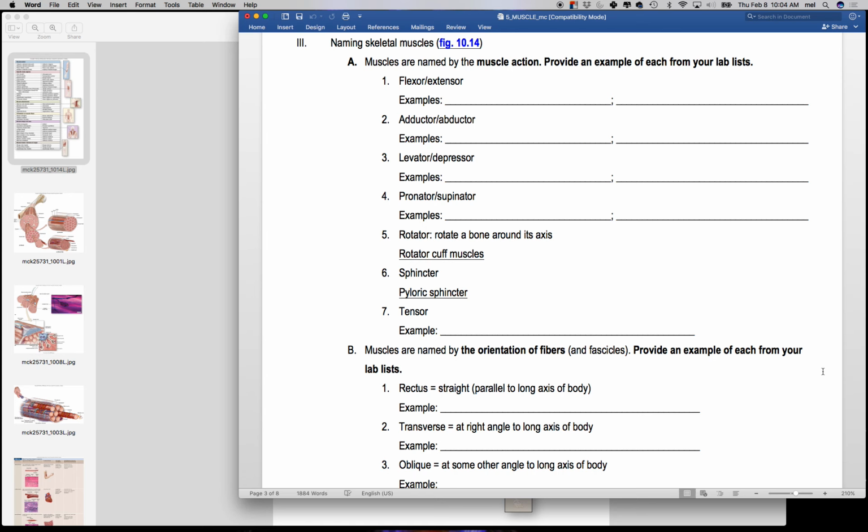Okay, so first, many muscles, but not all, are named by the muscle action, which is why I taught you action first. So when we start with muscle actions, sometimes a muscle is named a flexor or an extensor, yes? Now, when a muscle is named a flexor, the vast majority of the time you would expect that muscle to be found on what surface of the joint? Anterior surface of the joint.